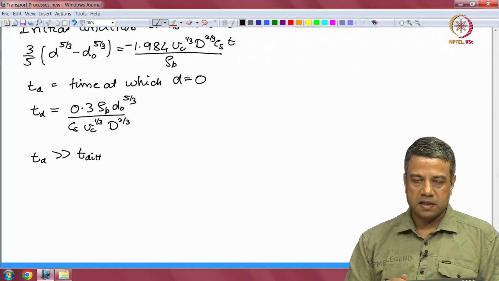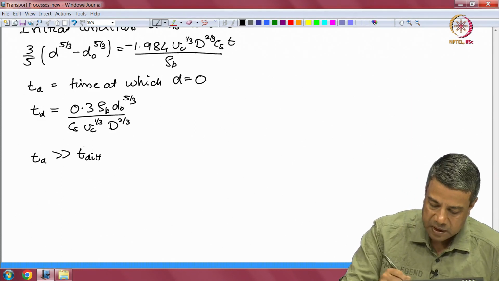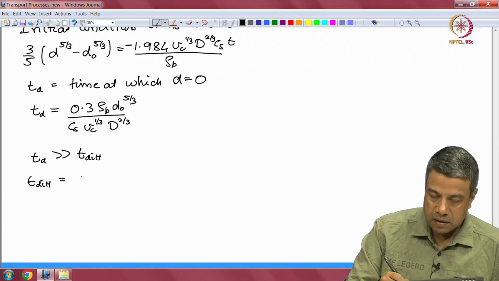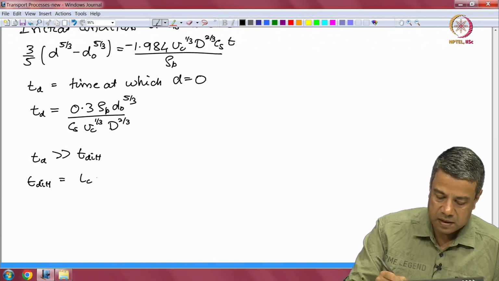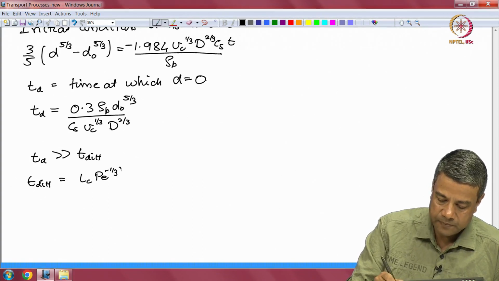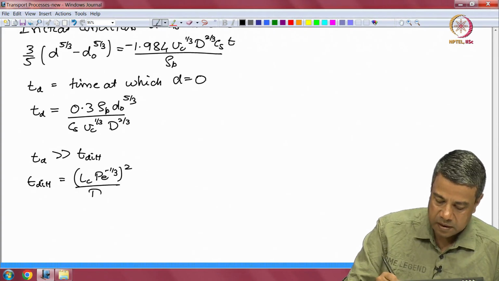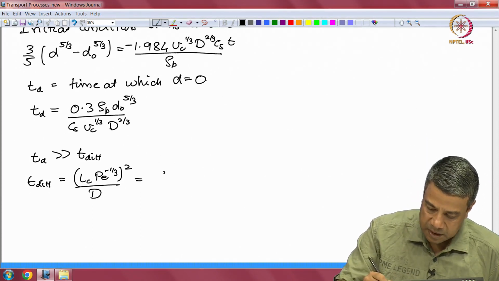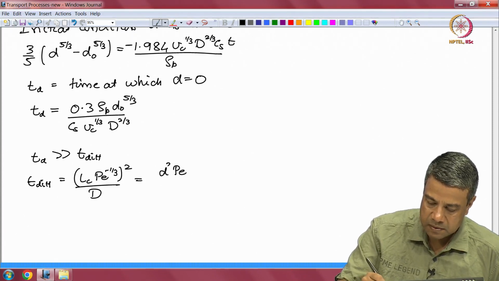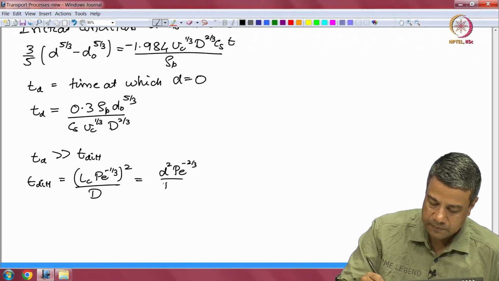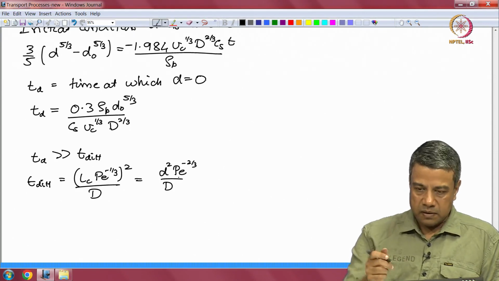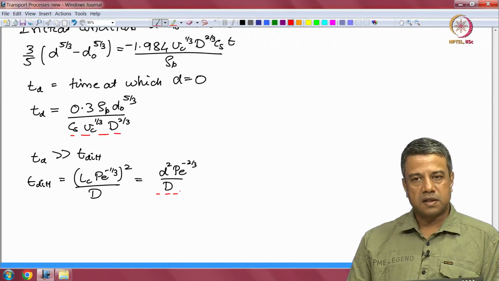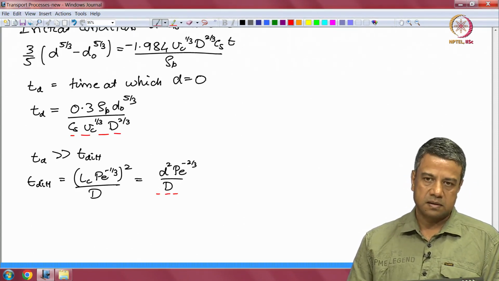In this case, the time required for diffusion is the length for diffusion, that is the characteristic length times Pe power minus 1/3, the whole square divided by the diffusion coefficient, which will be equal to the diameter of the sphere, d square Pe power minus 2/3, by the diffusion coefficient. So now you have to compare this time with this diffusion time, and this I will leave to you to do as an exercise.